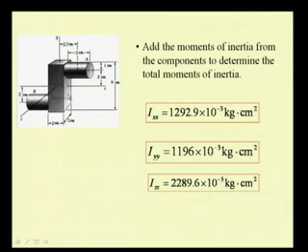In the same way we can add the moment components about y and z axis, and we have Iyy as 1196 into 10 to the power of minus 3 kg centimeter square, and Izz as 2289.6 into 10 to the power of minus 3 kg centimeter square.